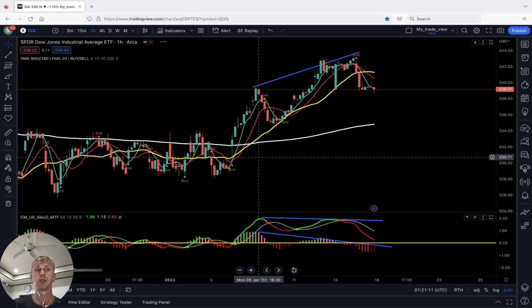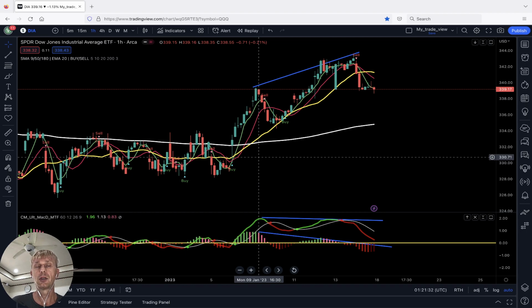Be careful with the Dow Jones. Keep tight stops, or get to the cash position, or change to bearish direction. It's up to you. It's already a bearish change, bearish signal on 1 hour time frame.